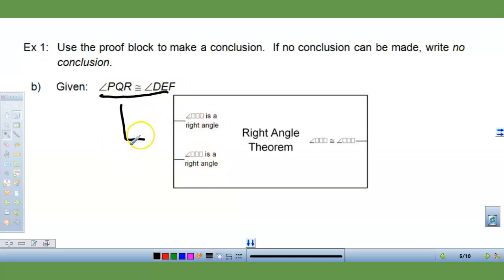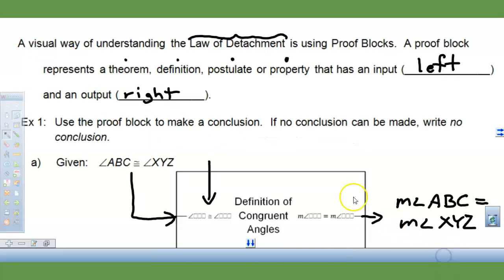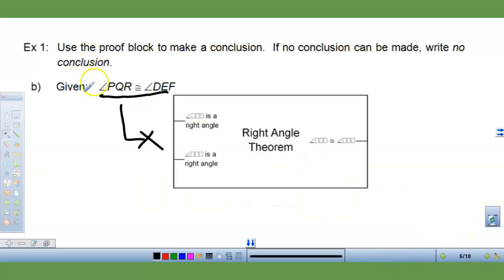So this does not work. It's important to understand that the format needs to be exactly the same, just without the letters, like it was here. Angle ABC congruent to angle XYZ, it's the exact same format, just without the letters. Up here, it does not say PQR is a right angle or DEF is a right angle, so we cannot use the right angle theorem for this particular statement.